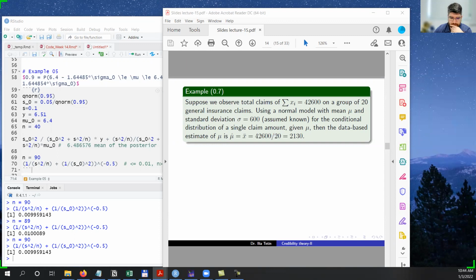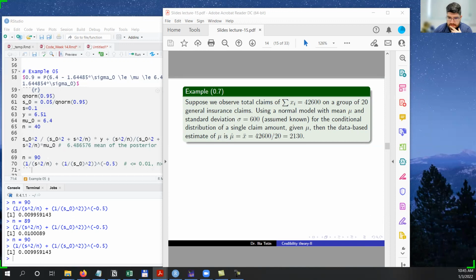So we need to use the normal model. So we have to adopt a normal model as a prior for mu, and the prior estimate mu bar will be the prior mean, and we will find this prior mean as different than 2130.